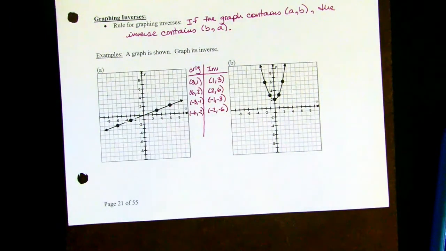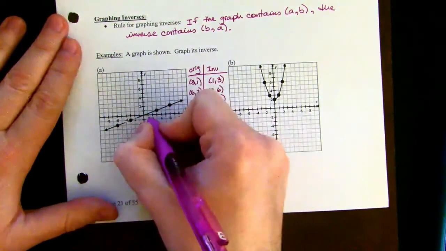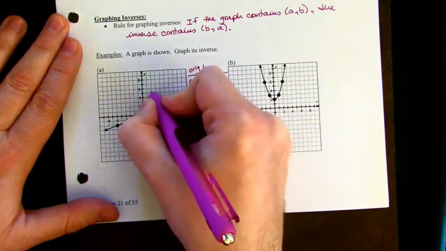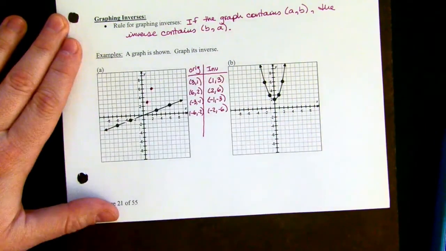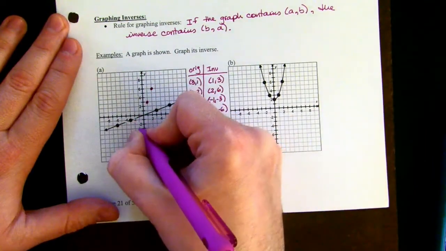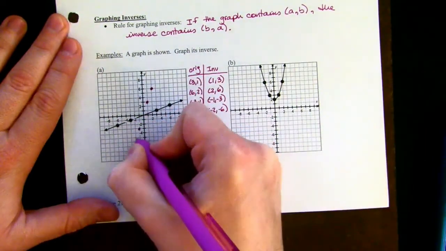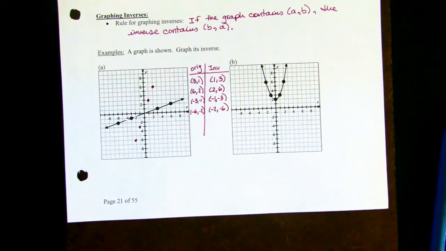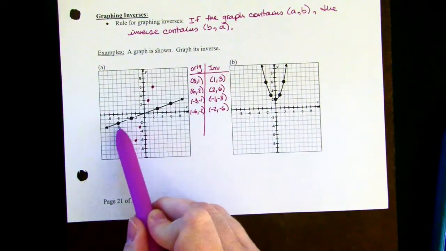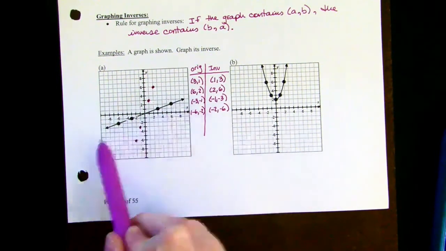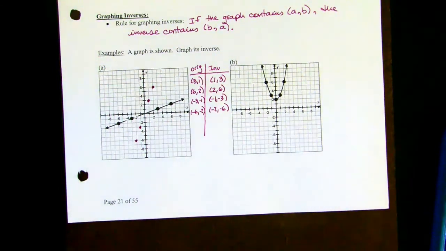Well, go graph those points. 1 comma 3, 2 comma 6, negative 1 comma negative 3, negative 2 comma negative 6. I really just dealt with the 4 obvious points over there, but again, there are infinitely many points on the line, so there will be infinitely many points on the inverse.